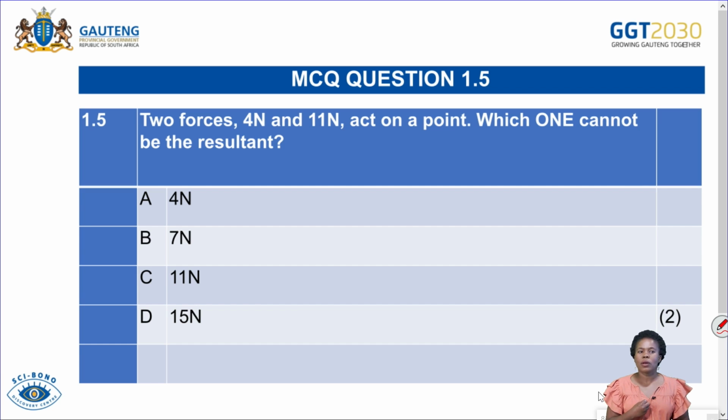So can it be option A, B, C, or D? The correct answer in this case is option A, because we're talking about a single vector that has the same effect as all the other ones combined, meaning we have added them, so it can never be the smallest number. It cannot be a resultant.